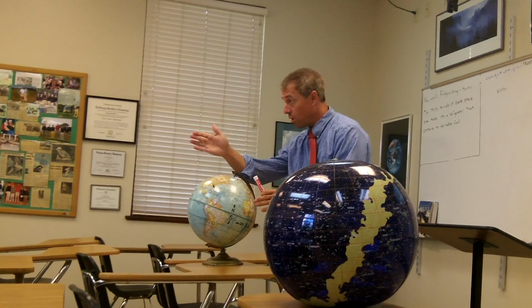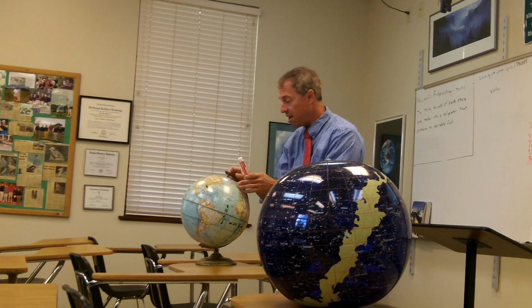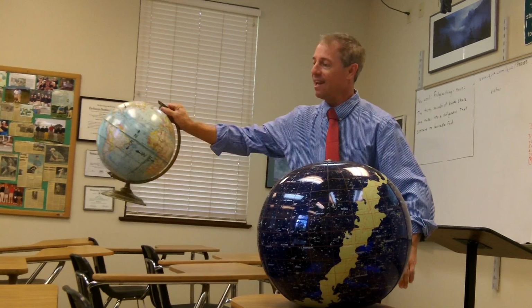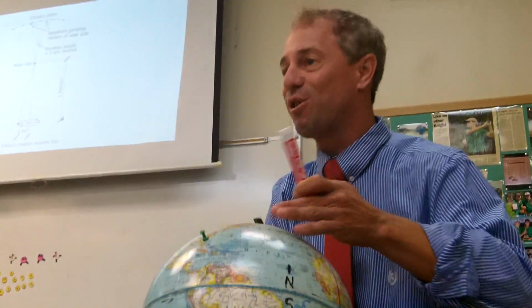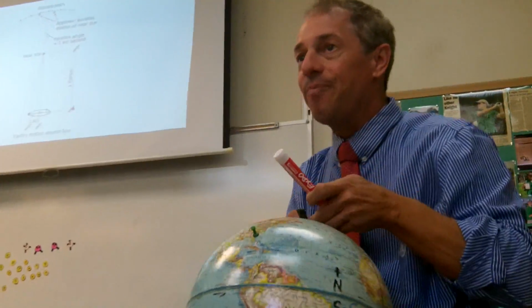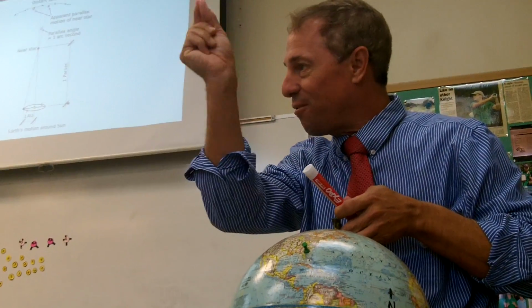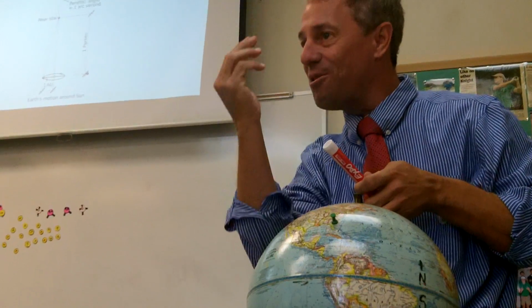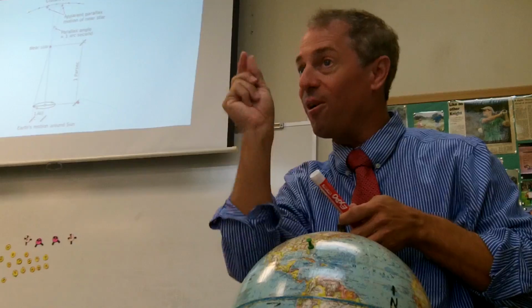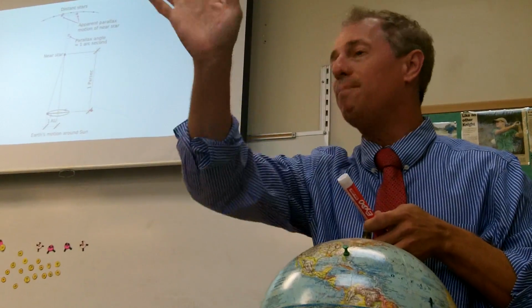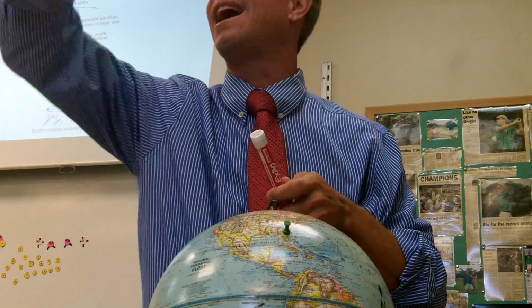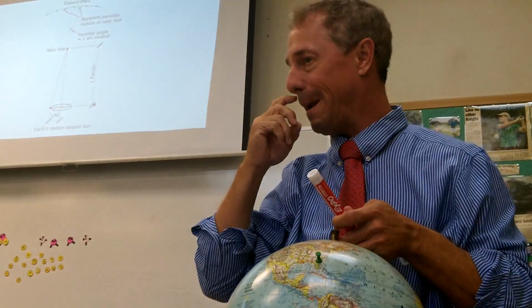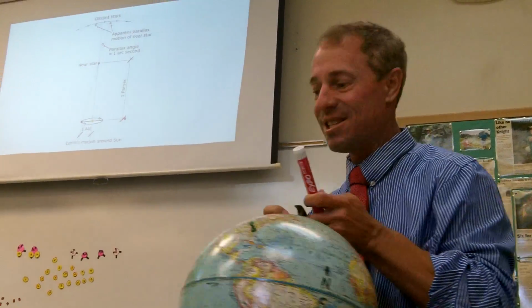So if we get a picture of a far-off star from here, and then 6 months later we take another picture from here, you might see some shift to that star. A close star shifts more than a far-off star compared to the background stars and galaxies that are way, way far away. Does that make sense?